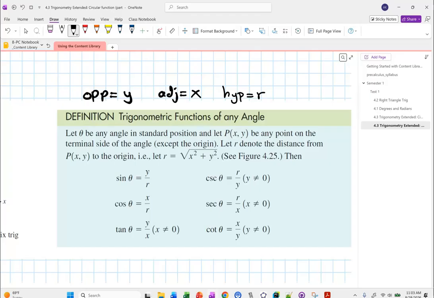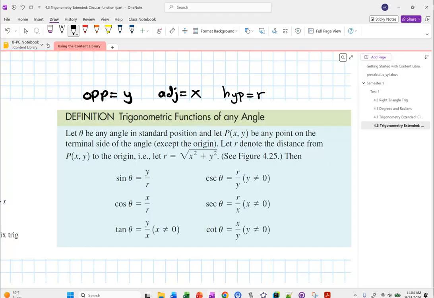And now this is the exact same thing as SOHCAHTOA, right? We're okay? So again, this is the piece that we're going to be using to do problems, and we'll do some examples here in a second. I'll give you a chance to practice with some classwork here in just a moment, okay? I just want to let this sit for a moment, let you digest what we just did.